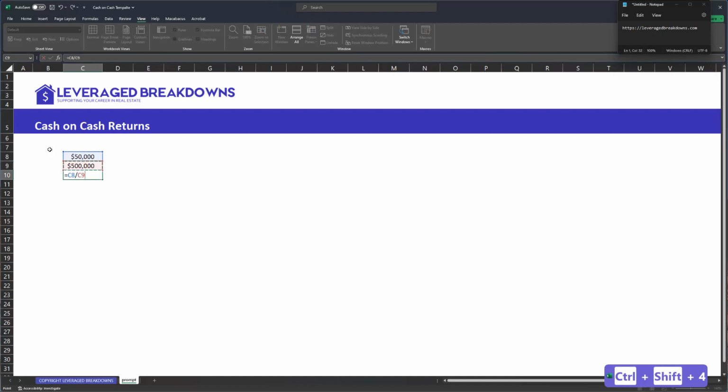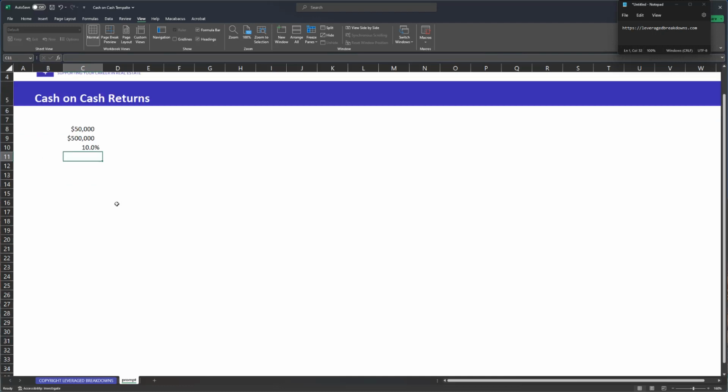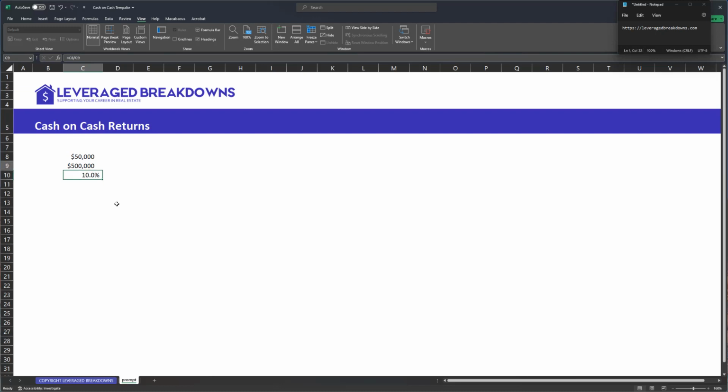The cash-on-cash return for this property is 10%. This metric is useful for evaluating a property's income-generating potential, particularly for investors prioritizing immediate cash returns. However, it is important to note that cash-on-cash has its limitations and should not be the sole criterion for investment decisions. It is essential to consider other factors and metrics when evaluating a property for investment purposes.